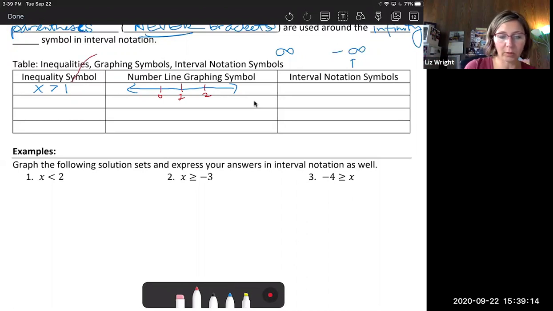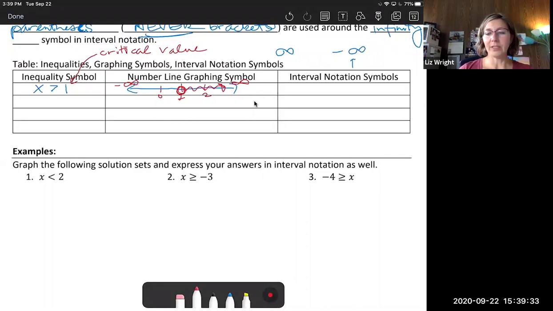Remember, this is your critical value or your endpoint. If our solution set is greater than 1, we're going to have an open circle at 1 and we're shading to the right towards positive infinity, and this is negative infinity over here.